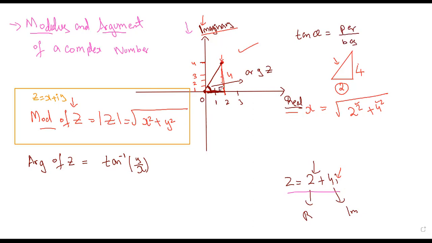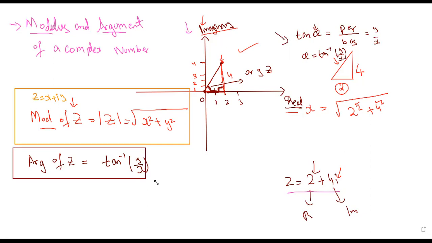So this is the right angle here. Perpendicular side is the y and base is the x. So since this theta is the argument, theta equals tan inverse y by x. Even if you are not clear with these explanations, you should just know that the argument of z is basically calculated by tan inverse y by x when this is your complex number.